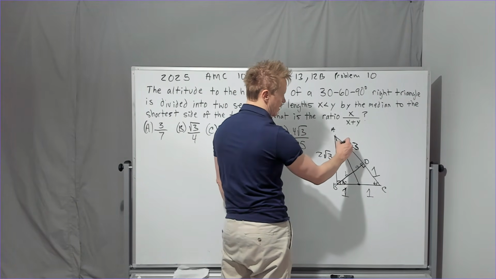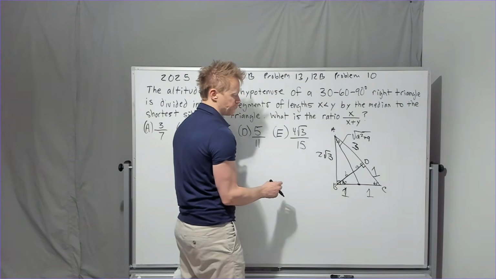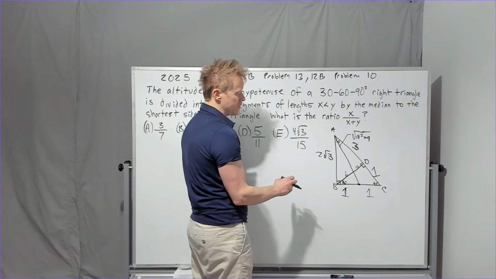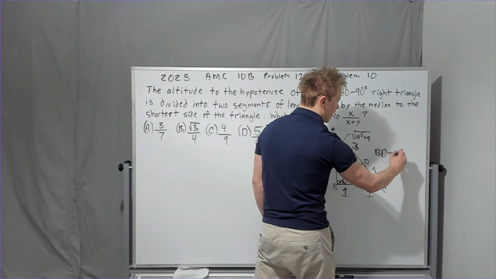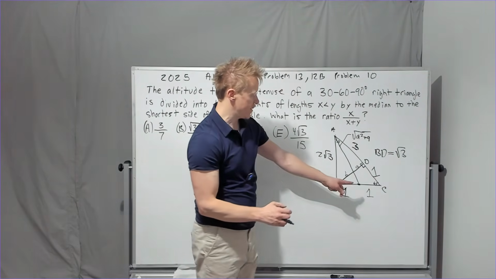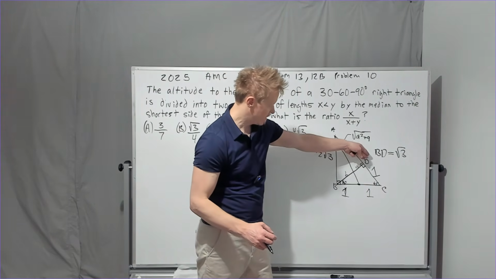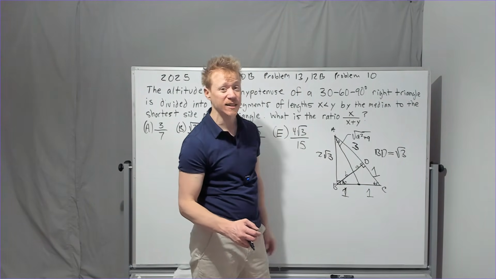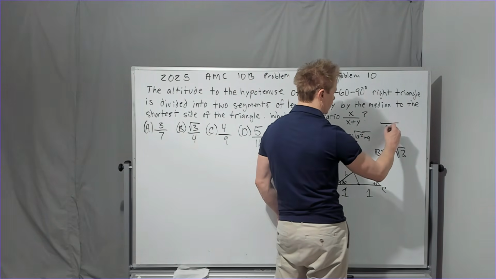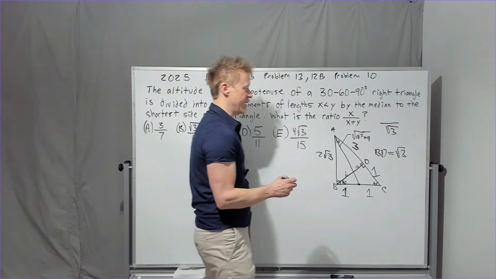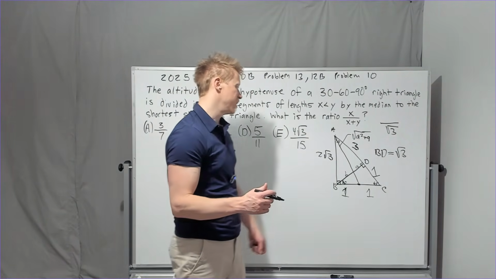It'd be the square root of a squared plus 9. And if I do that, we also know, by the way, that BD is equal to root 3 because you have a 1 to 2 to root 3 ratio. This is the side opposite 60. So you know what x plus y is right here. It's going to be root 3. We just don't know what x is, or a in the case that we wrote here.